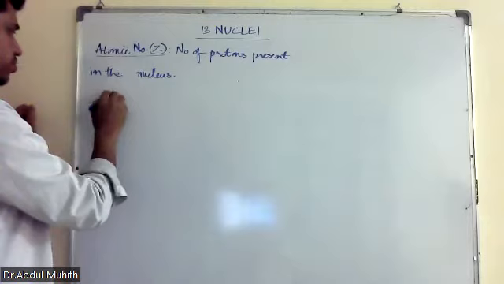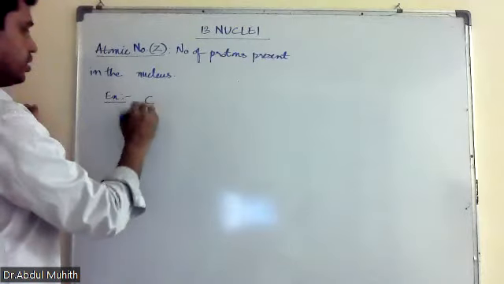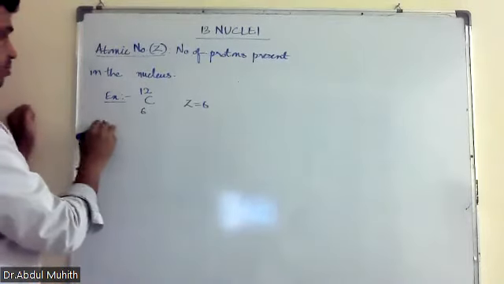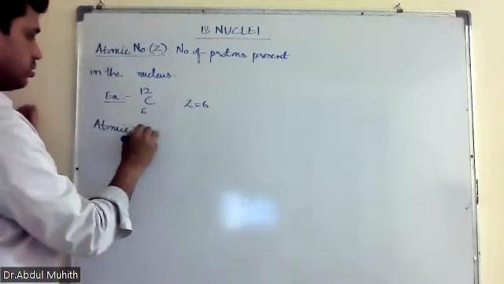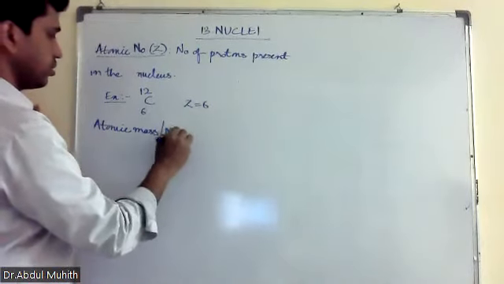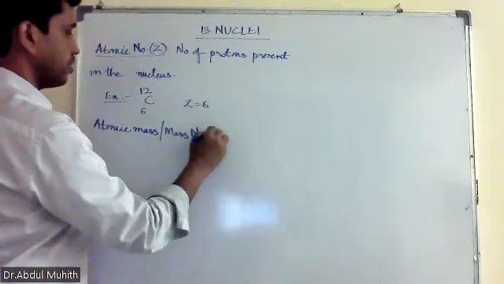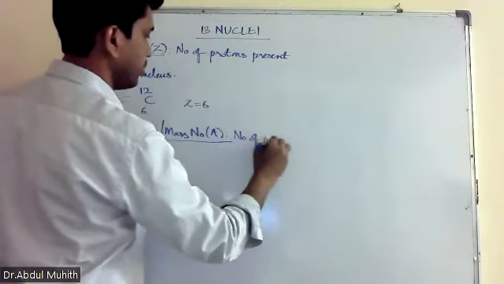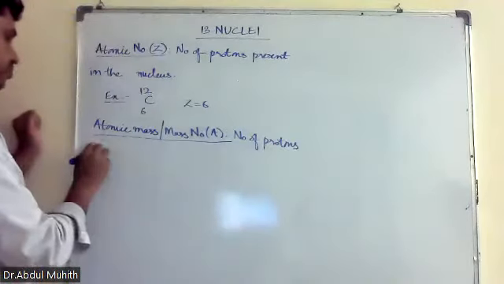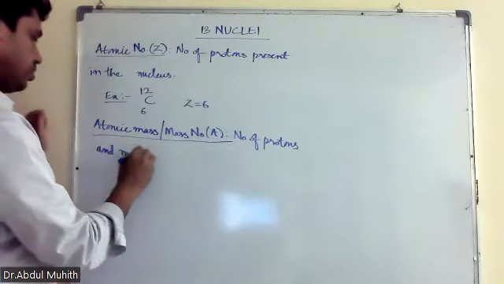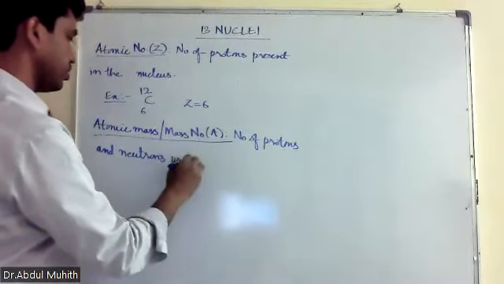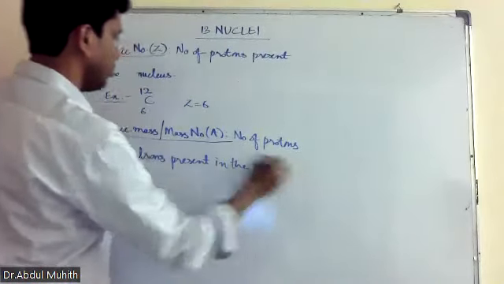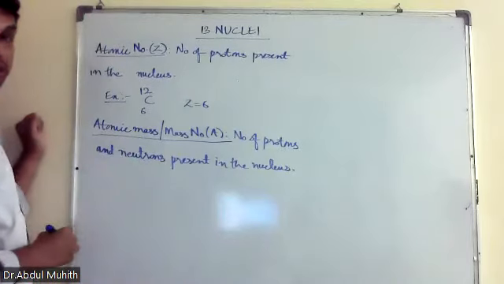Like, for example, when I write C-12 with atomic number 6, here Z is equal to 6. Next is atomic mass, or mass number, denoted by capital A. The number of protons and neutrons present in the nucleus is known as the atomic mass or mass number.